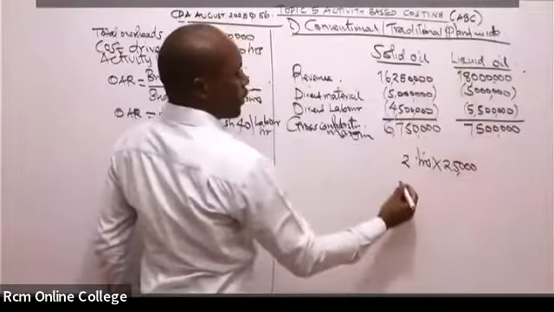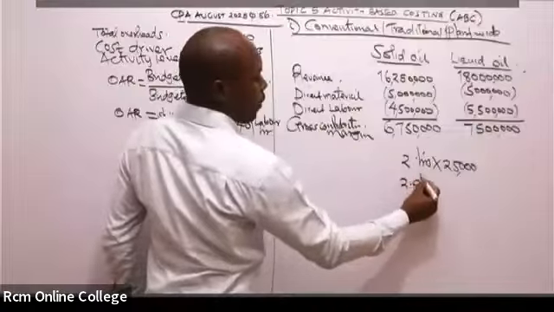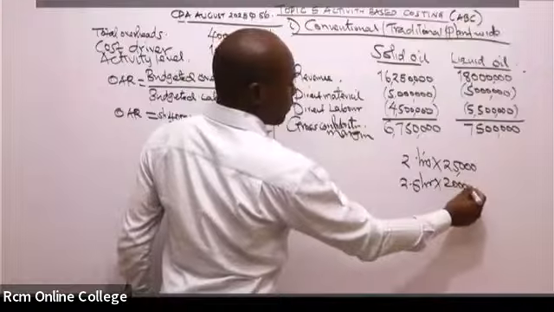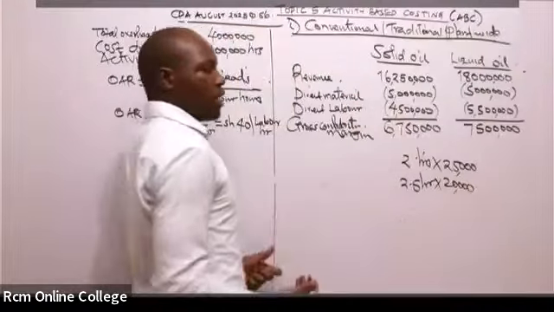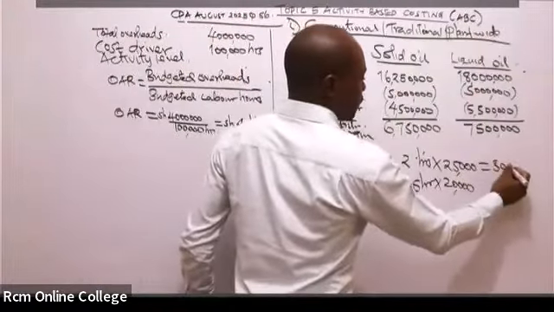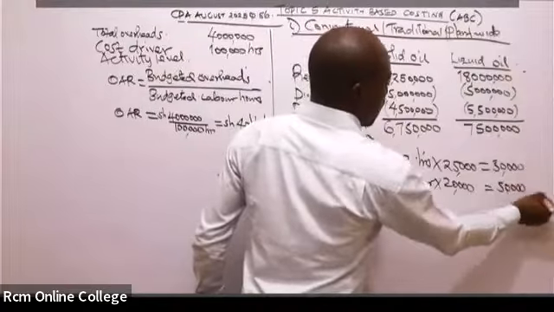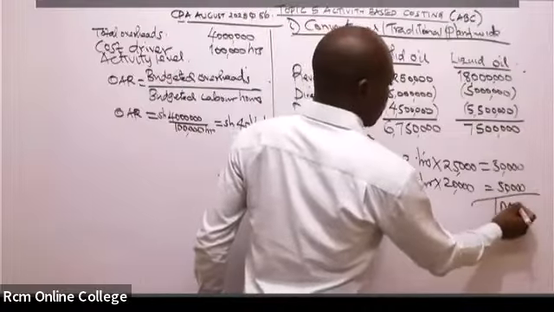The liquid oil requires 2.5 labor hours per liter, and you're supposed to produce 20,000. Those are the budgeted hours. So this one here will give us 50,000. This one here is giving us 50,000. When I add these two, I'm getting 100,000.